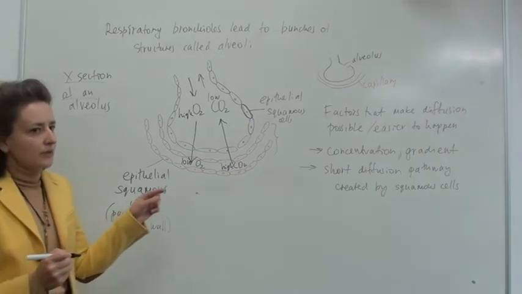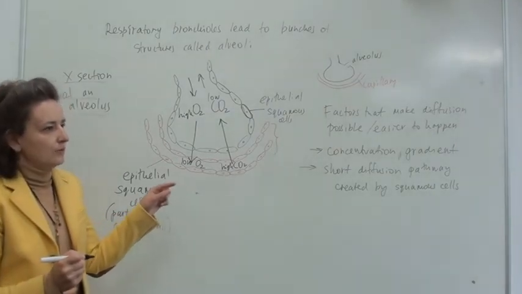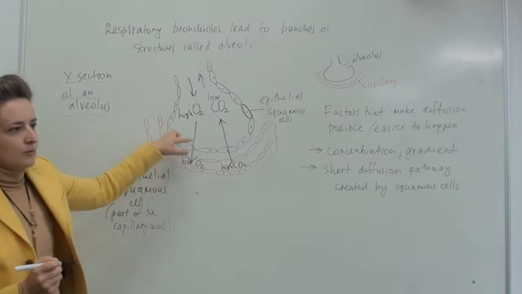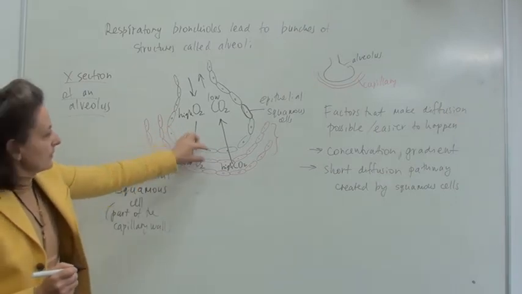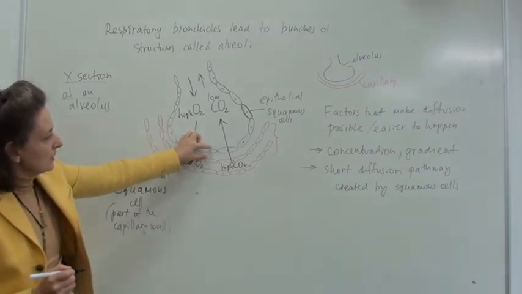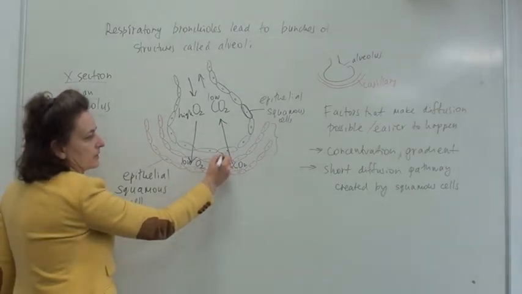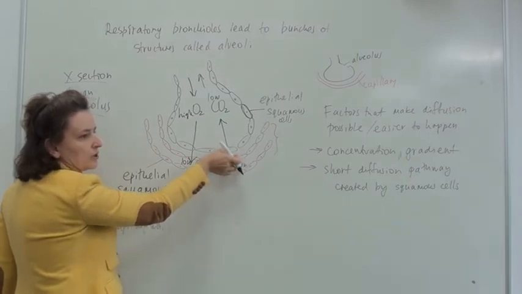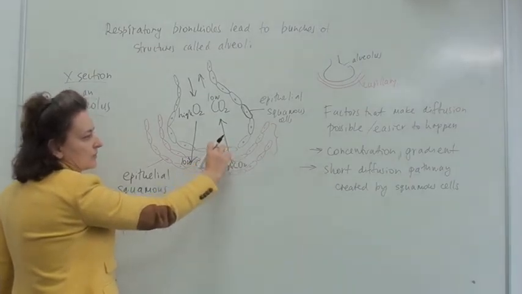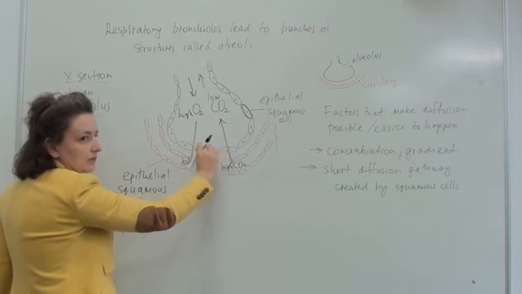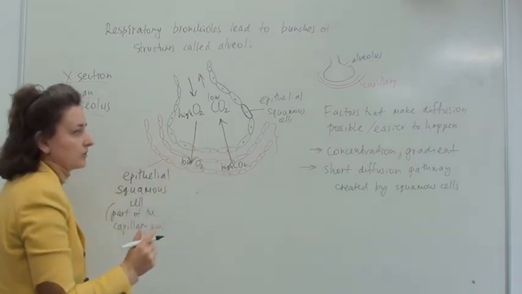There is another thing which creates a shorter diffusion pathway, which is maybe not apparent from my diagram particularly, but the distance between the alveolus and the capillary is actually relatively small. Can you see that bit here? I could have probably drawn it even closer together. They're located very close to each other.